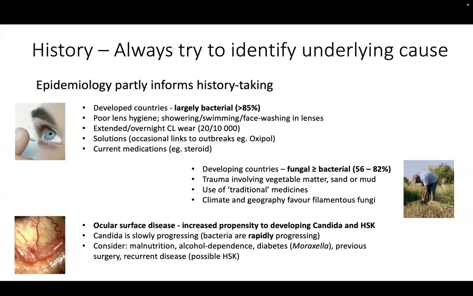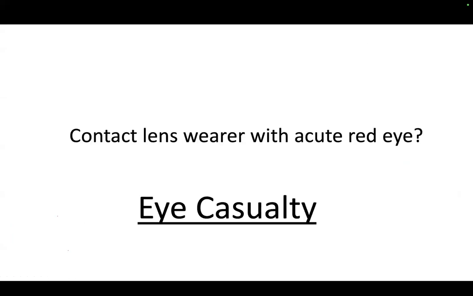Any pre-existing ocular surface disease? Do they have lots of blepharitis? Could that have predisposed them to an infection? And then there are other things like diabetes, obviously, alcohol dependence, previous surgery, recurrent disease. Always think: what was the underlying cause for this? I'm hammering that home, aren't I?